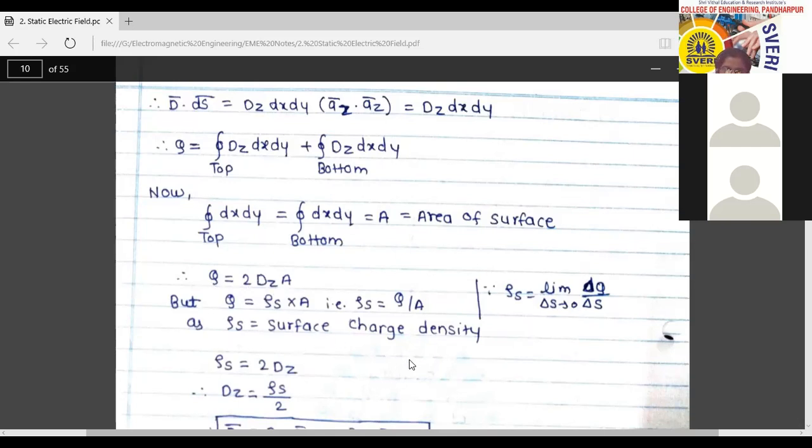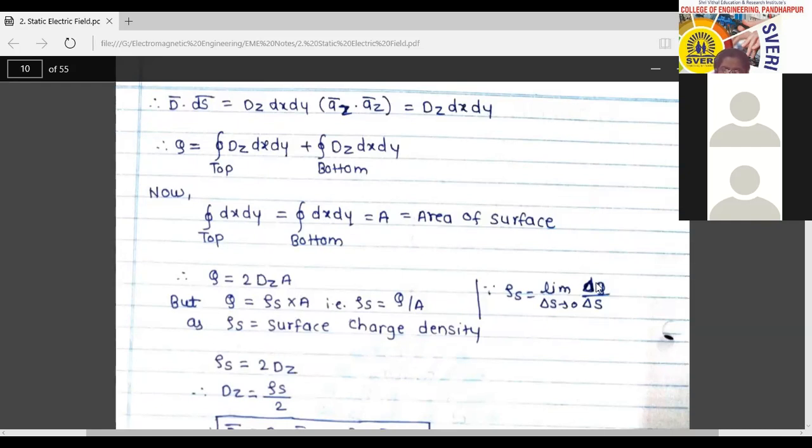So as we know, rho s is equal to the limit as delta s tends to 0 of delta Q upon delta s. This is your differential surface area, and that area is given as A here.